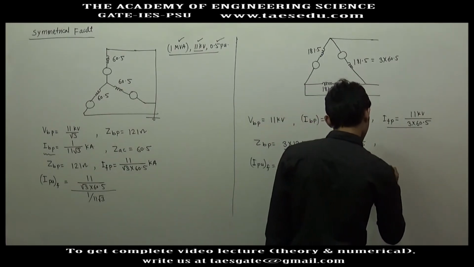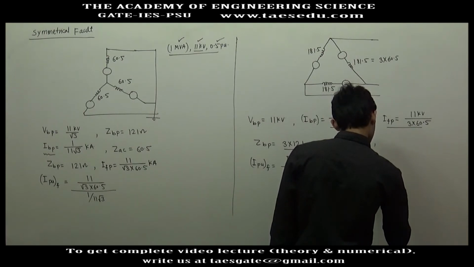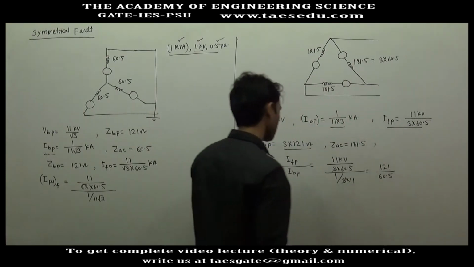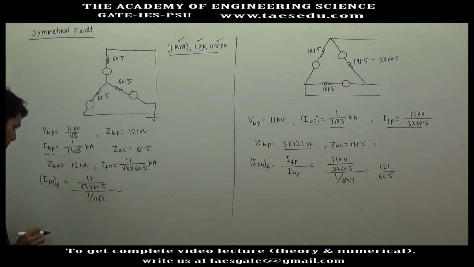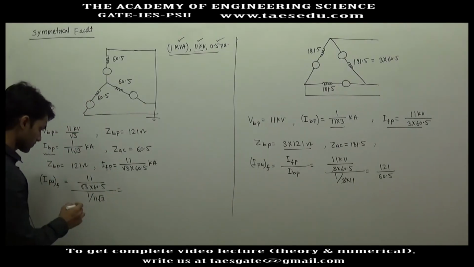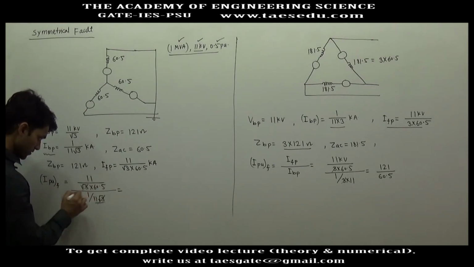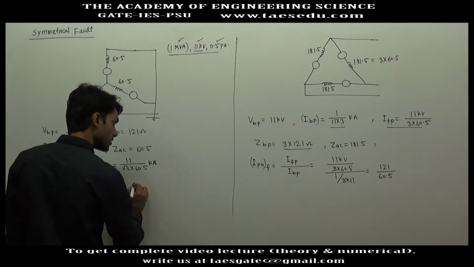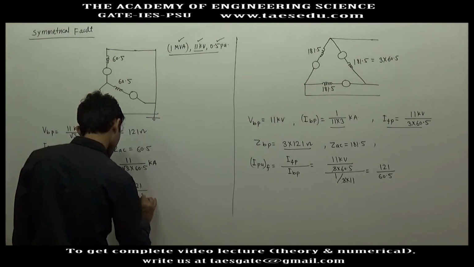Here you have 121 divided by 60.5, and here this 11 root 3 will go to the numerator, so this and this will be cancelled. We'll have 121 divided by 60.5.